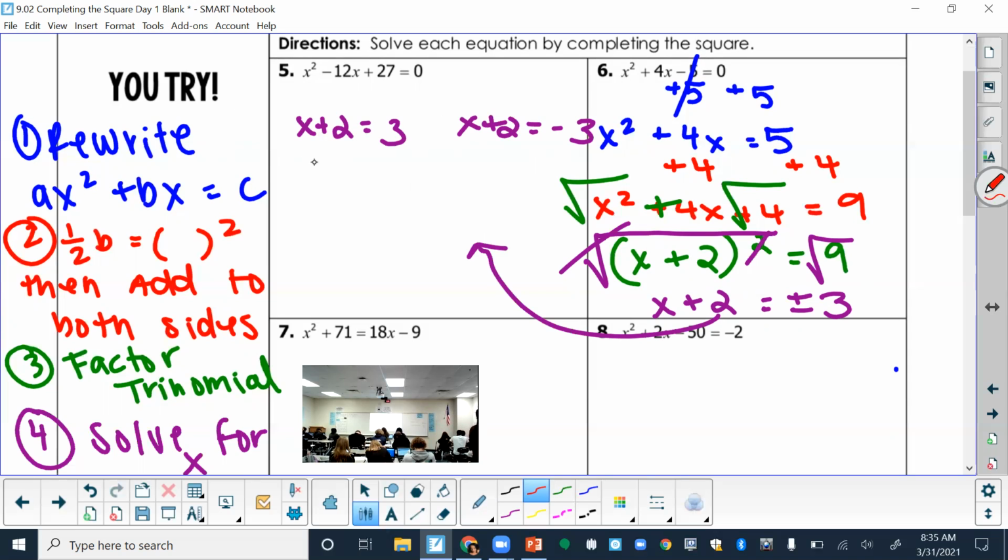What would be the opposite of adding 2? So do that and do it on both sides. You'll do it on this side for this equation as well. It cancels out on the left side. That was the whole purpose of doing that. 2 minus 2 is 0. Simplify the right side. What's 3 minus 2? 1. Over here, what's negative 3 minus 2?